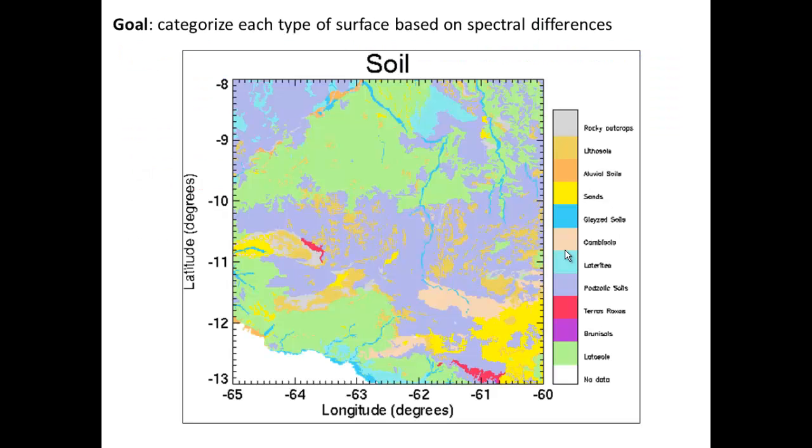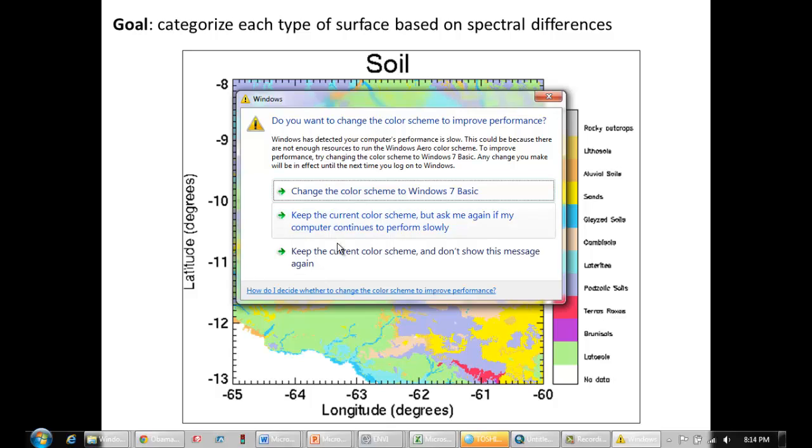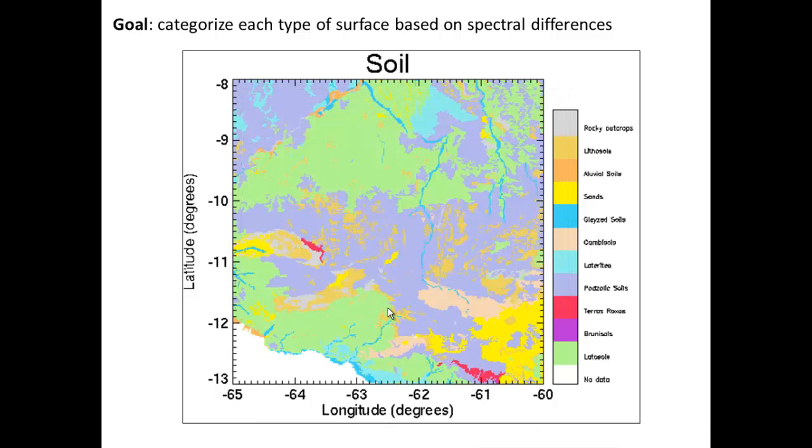So first off, what's the goal of classification? Satellite images, of course, are just reflected light, and there are many different things in the satellite image. The goal of classification is to go from that kind of continuous spectrum of reflected light into a new image in which each pixel is classified into some category, usually a type of land surface.